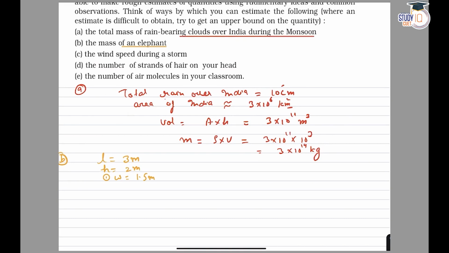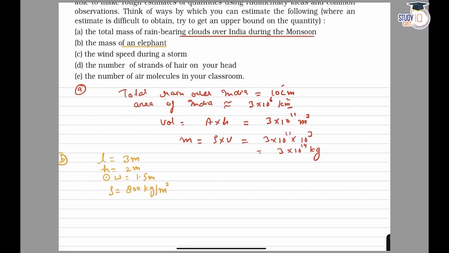Now as we know that the elephant is able to float in water, so the density of elephant would be less than water, so we can approximately assume that the density of elephant is equal to 800 kg per meter cube.